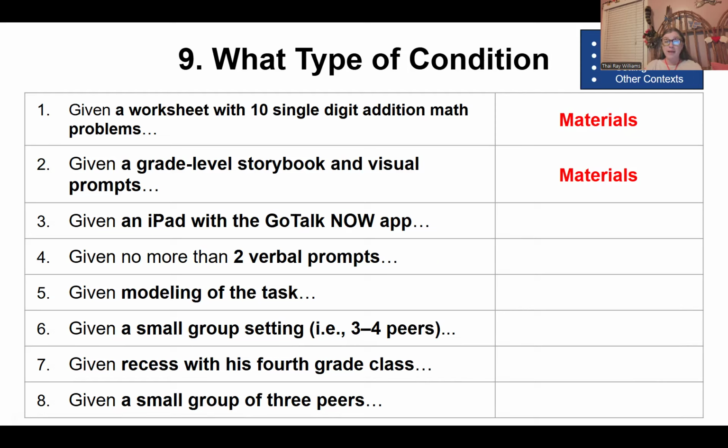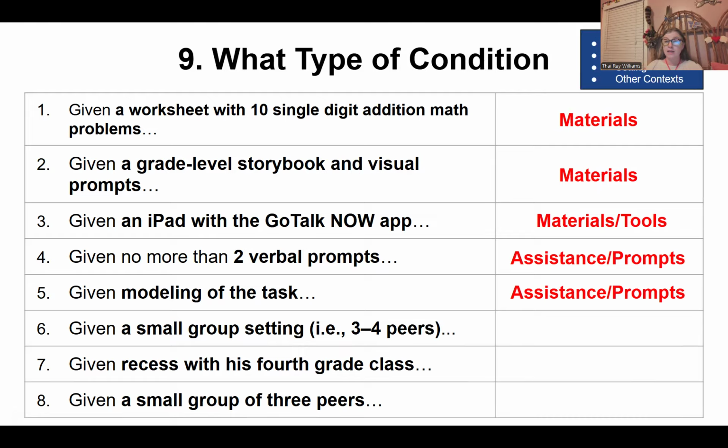All right, welcome back. Let's take a look at these real quick. Given an iPad with the Go Talk Now app, that is materials or tools. Given no more than two verbal prompts, if you put assistance or prompts, you are right. Given modeling of the task, that is again assistance and prompts.